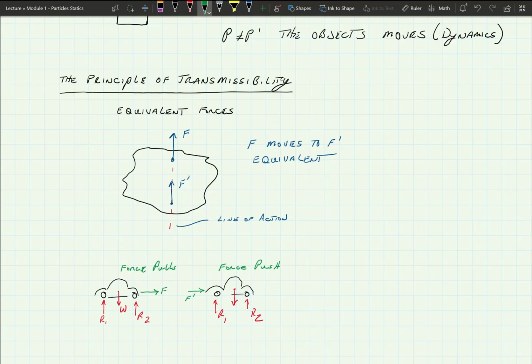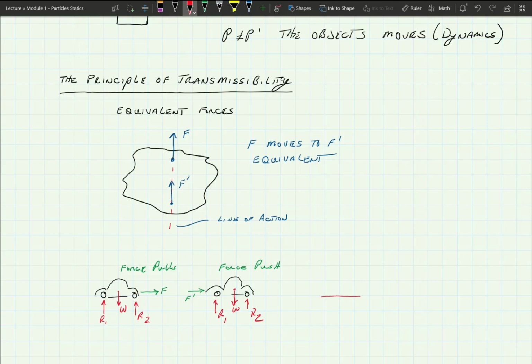So what else do I want to explain about this? Well, the only ones that are transmissible are the F forces. The R2 and all that are going to stay the same, and I left the W off up here, didn't I? That's W, and we're going to find out later down the road.